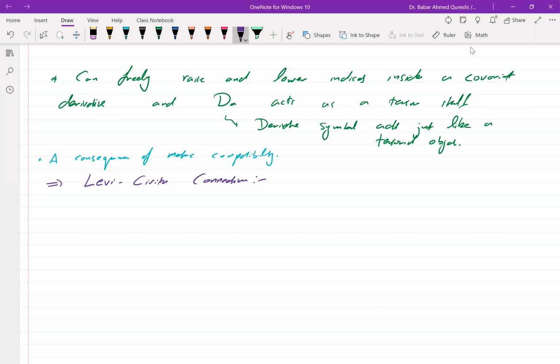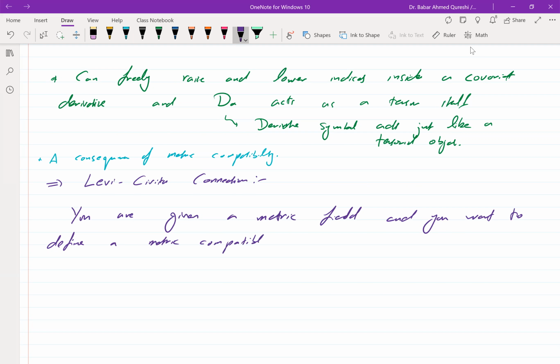So suppose you are given a metric field, and you want to define a connection which is compatible with this metric and also torsion free.